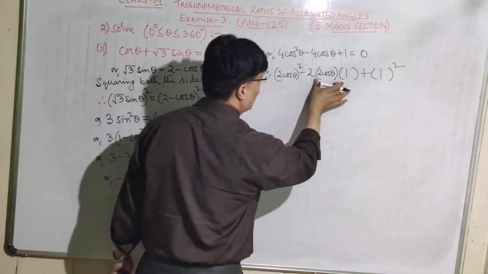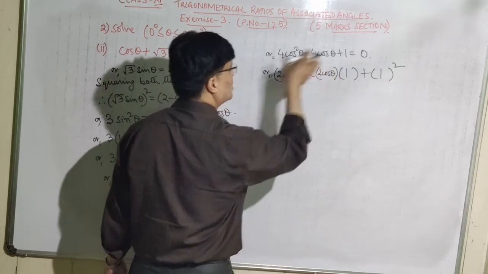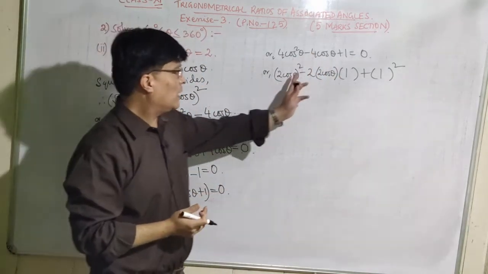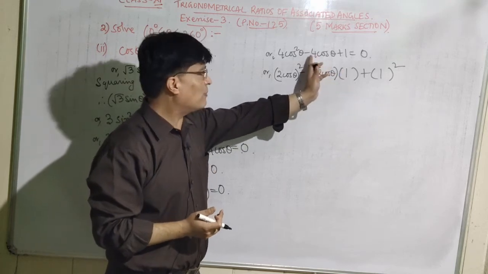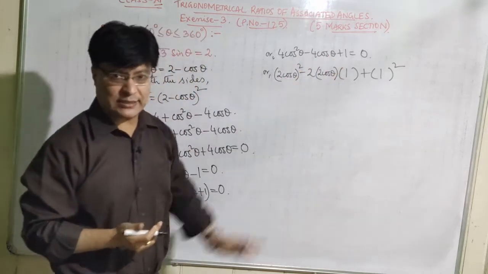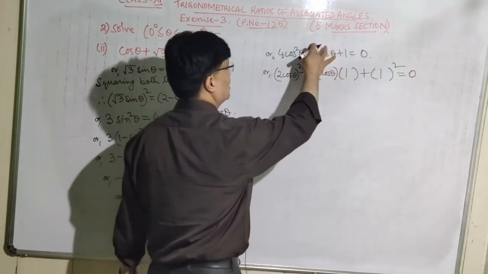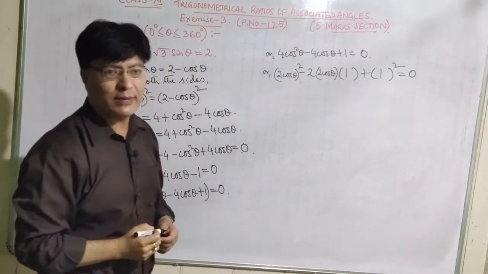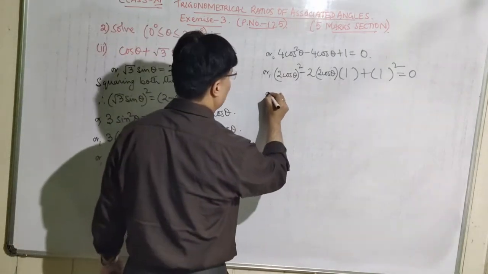So if you multiply all these three terms in the middle, minus 2 into 2 cos theta into 1, you are getting minus 4 cos theta. That is correct, which is equal to 0. So this is expressed in terms of a square minus twice ab plus b whole square. So what is the formula in this case?